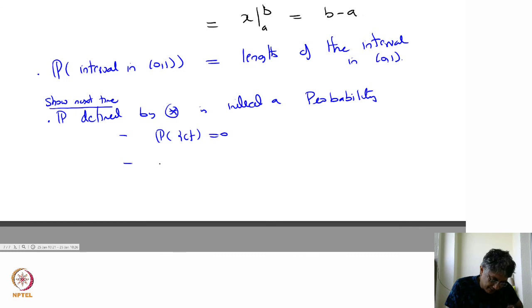We'll also show that if A comma B is contained in the complement of 0, 1, then the probability of A comma B is 0.